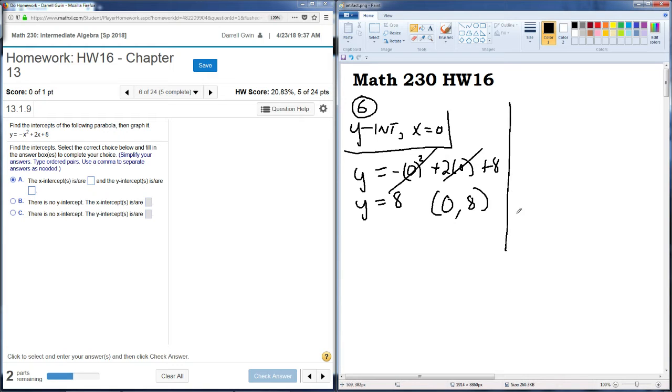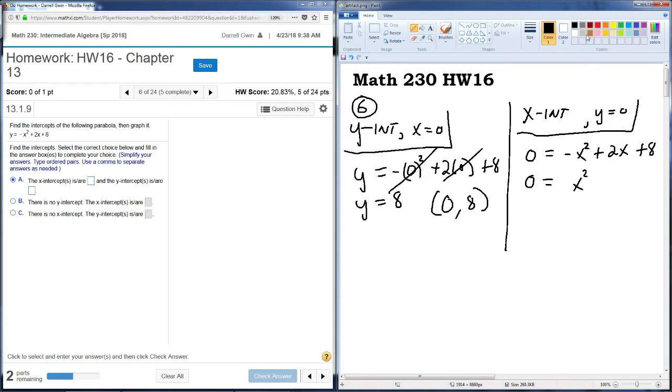Next, we do the x-intercept. And for the x-intercept, y equals 0. The other letter always equals 0 for the intercepts. So 0 equals negative x squared plus 2x plus 8. Right away, you can't factor this unless the leading coefficient is positive, so I multiply everything by negative 1, basically changing the sign of everything.